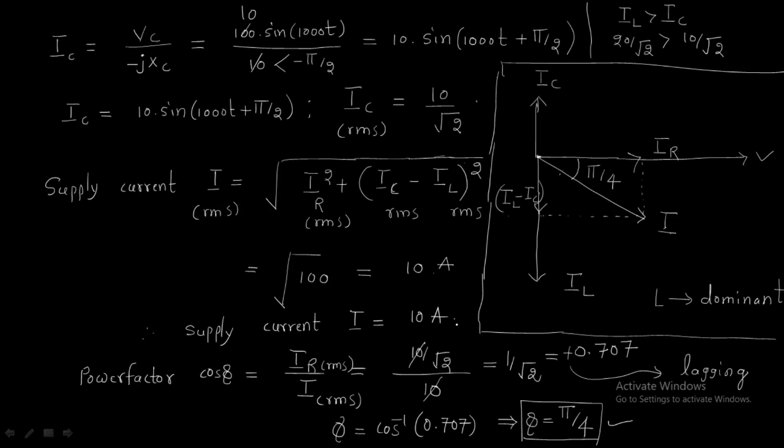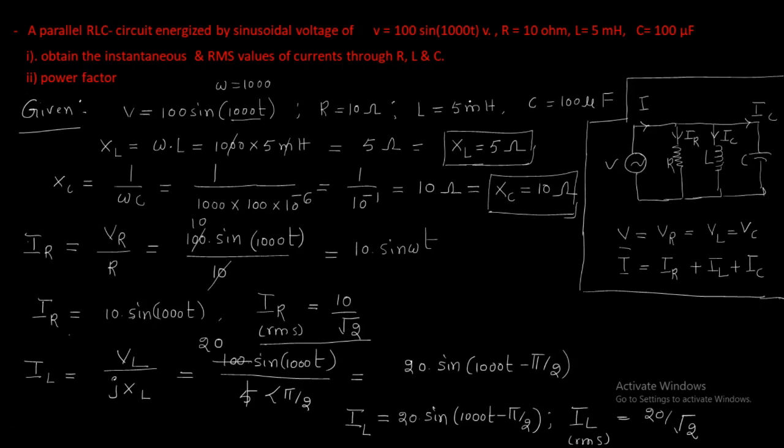This is the procedure for solving an RLC parallel circuit problem. It is the same as the RL circuit, but an extra thing comes in, and you have to be very careful in all these problems.